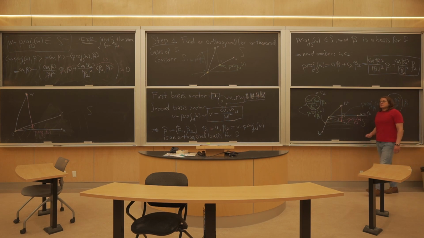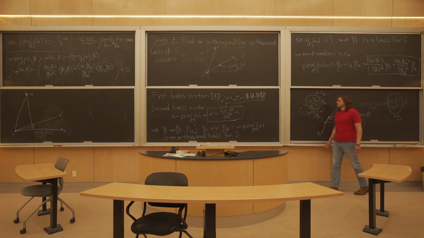I know that this is a general formula, but how come you can't just take the x component of beta 1 and the y component of beta 2 and just use those for C1 and C2? Would that work? Do you know what I mean?